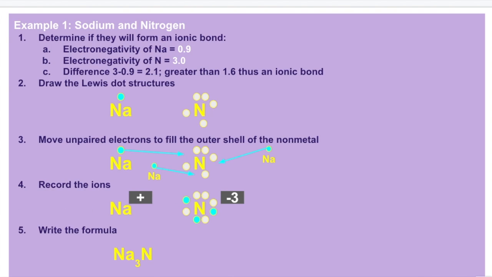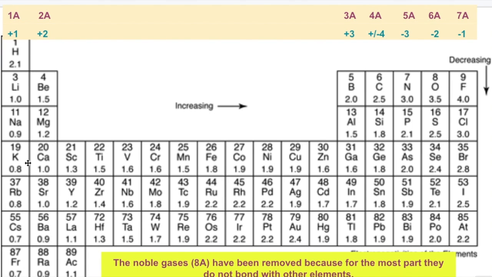Okay, and so I want to talk real quick about the oxidation numbers. If we look at sodium and nitrogen back here, sodium again has oxidation +1, which is what we found. Nitrogen is -3. Okay, so we can look at atoms in this way and just look at oxidation and determine how many of each we're going to need.